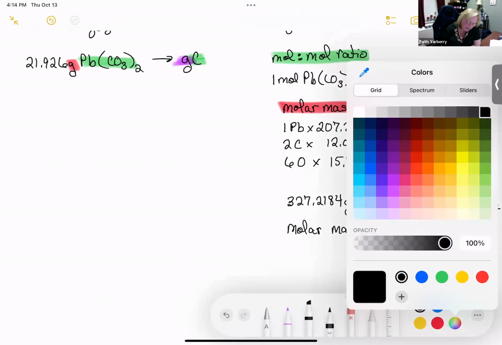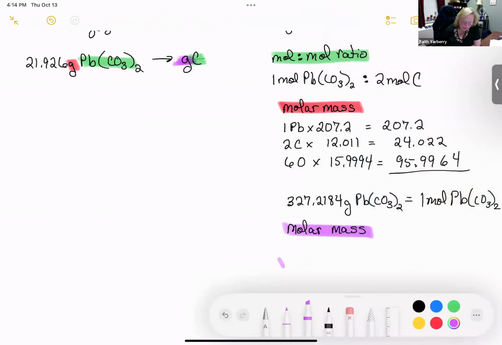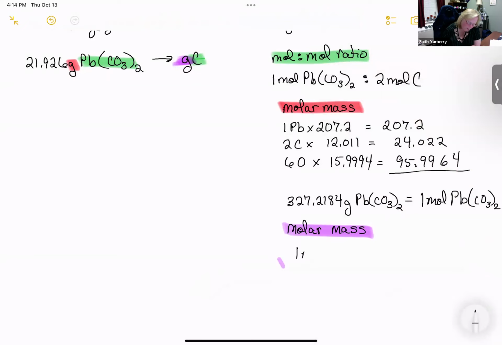Keep doing that. So I need the molar mass of carbon, which according to the formula, 1 mole of carbon will equal 12.011 grams of carbon.